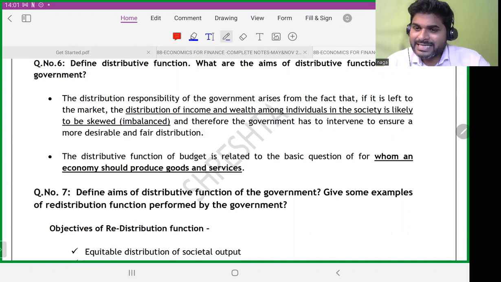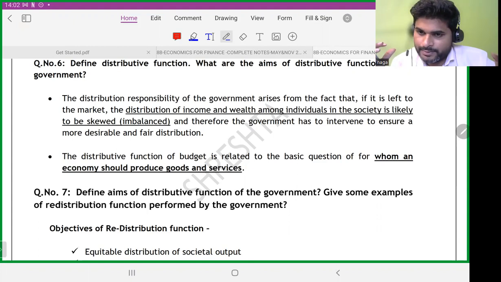So there are huge inequalities in people's lifestyle and income levels, right? If the government doesn't intervene and support the people who are downtrodden, what would happen? Their life will be really miserable, right? So that is the reason the government has to do certain redistribution functions. When they get certain incomes in the form of tax, they distribute based on the requirements, especially for the poor and marginalized sector. They allocate more money in the form of different schemes, right?